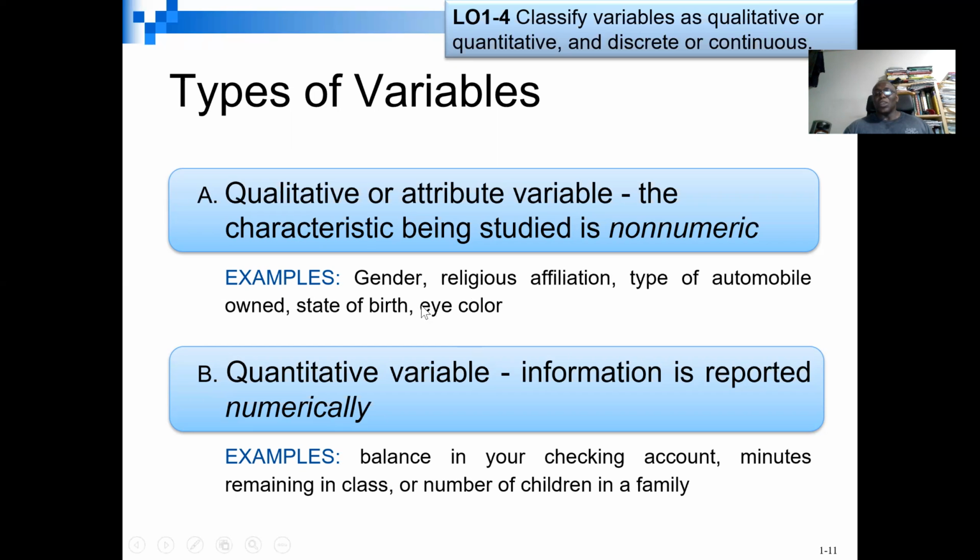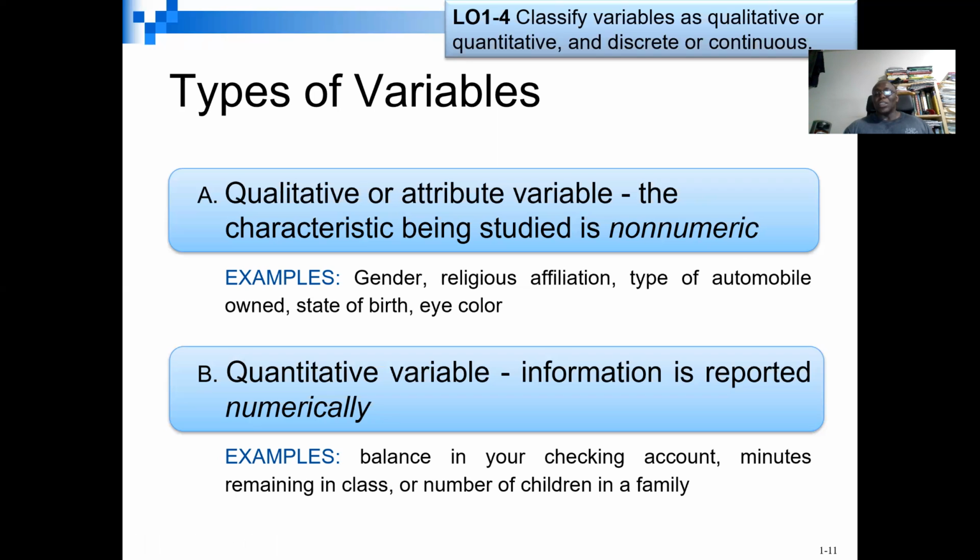Like example here, we have different types of variables. So here we talk about qualitative variable. Here, qualitative means it doesn't carry a value. It will carry something like a text, or here we use the term non-numeric. So example would be gender. Gender can be male or female.